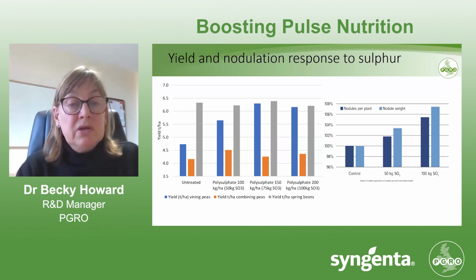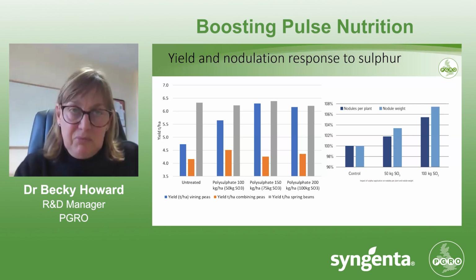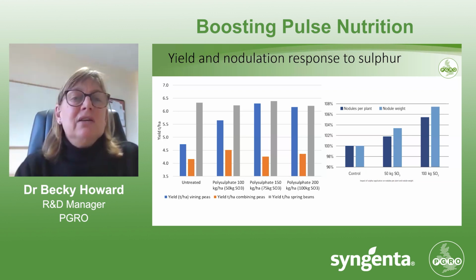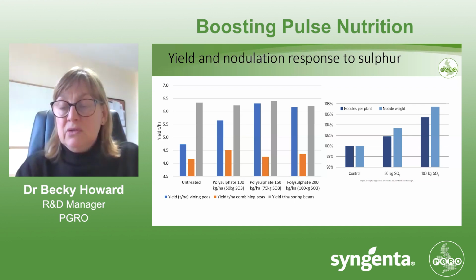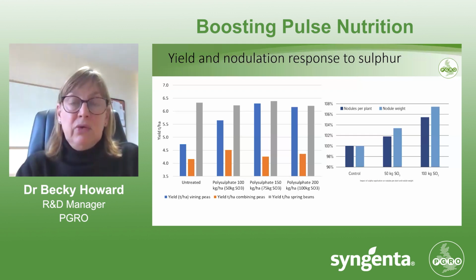So you're getting a good response at 100 kilos per hectare of polysulfate. But again, beans not as responsive here, so we're not really getting any major differences between the applications and the untreated in this trial. But we looked at nodulation as well, and we can see that reasonably small applications of sulfate are actually giving a benefit in terms of nodules per plant and nodule weight from that figure on the right.